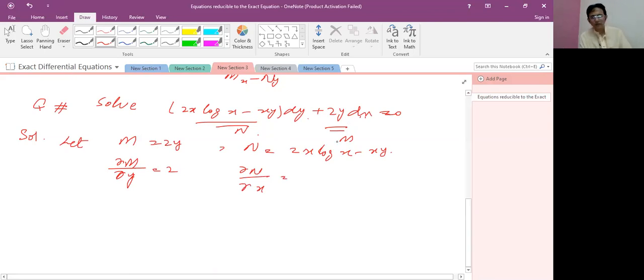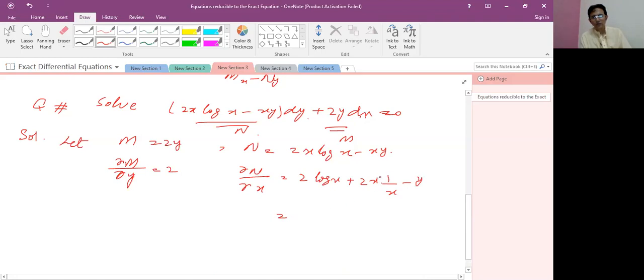It means we are applying the product rule u into v. So 2 times x, it means 2 log x plus 2 times x, the derivative of log x is 1 upon x, minus the derivative of xy, it means y.